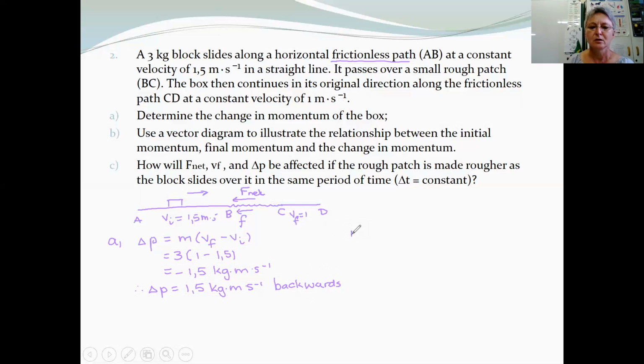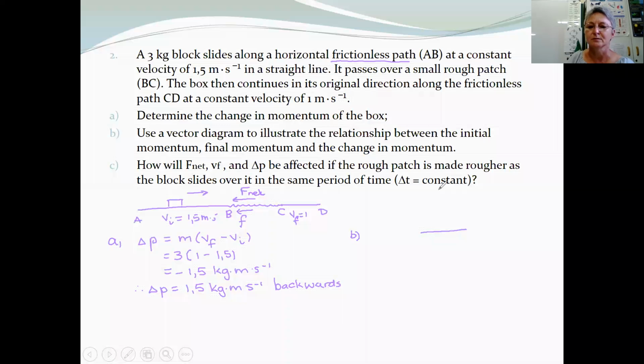Part B asks us to use a vector diagram to illustrate the relationship between the initial momentum and the final momentum and the change in momentum. So the final momentum is in this direction. No, sorry, the final momentum is not in that direction.